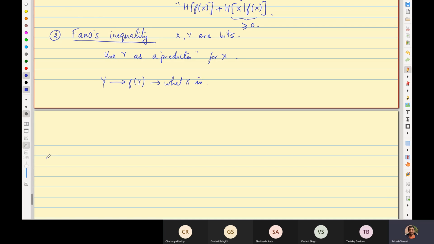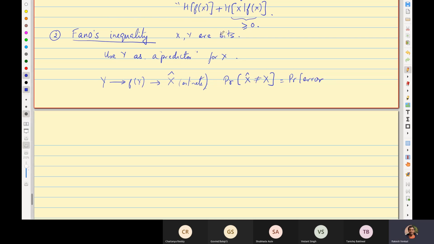And if y is a good enough predictor for x, that is, there's some function f such that, from f of y, I output some estimate of x called x hat, and the probability that x hat is not equal to x is the probability of error.